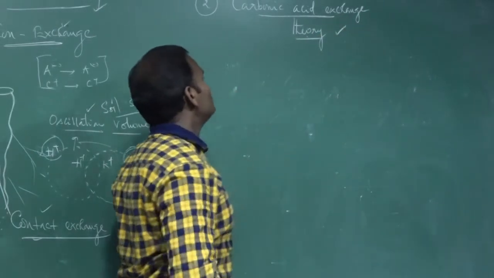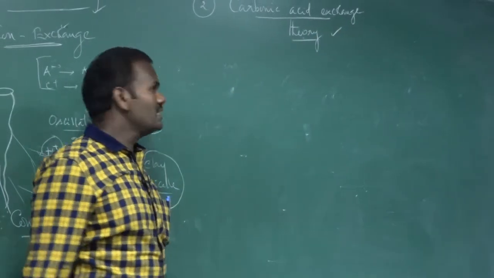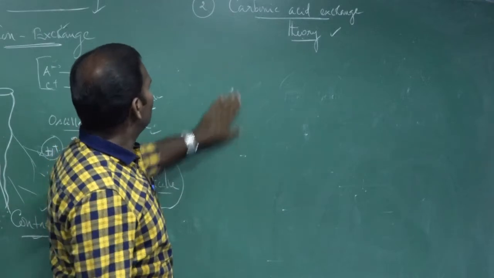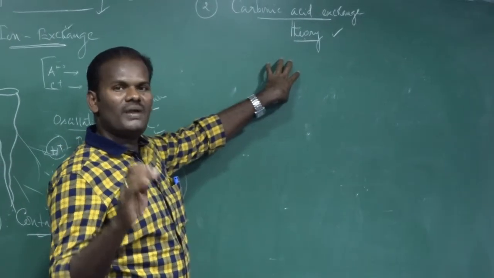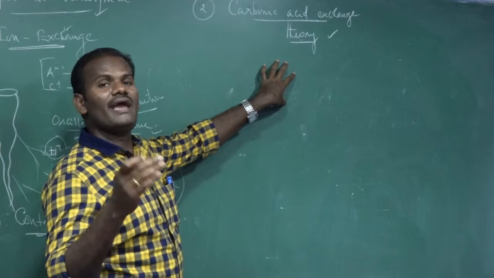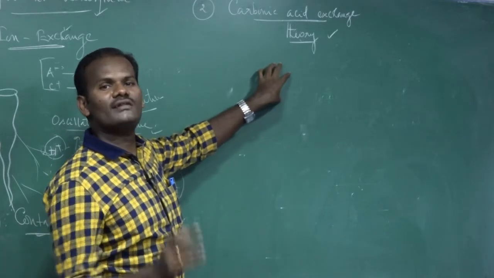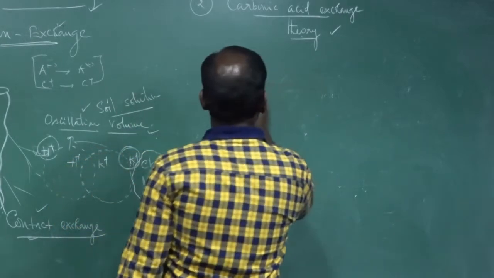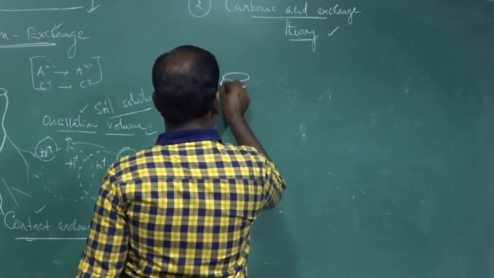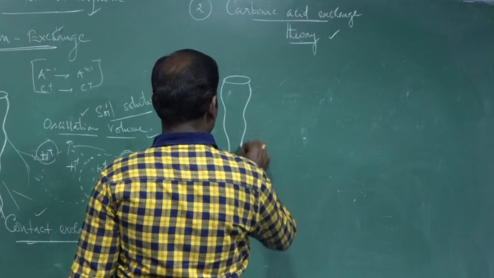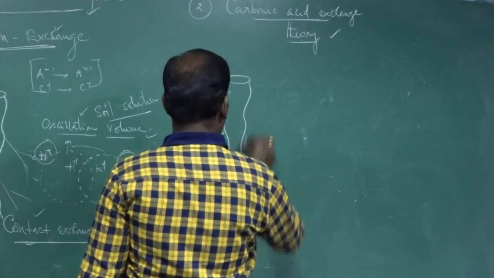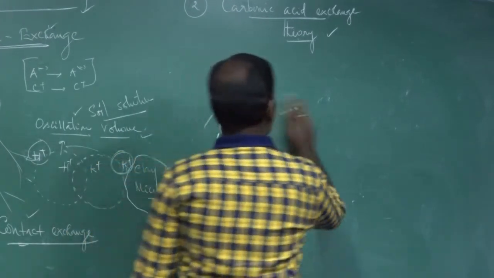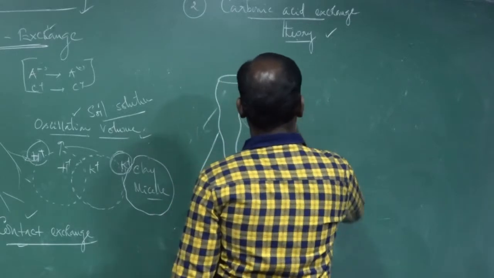According to this theory, the soil solution plays an important role by acting as a medium for the exchange of ions. Let's take an example. This is a root cell, and this is the soil solution.